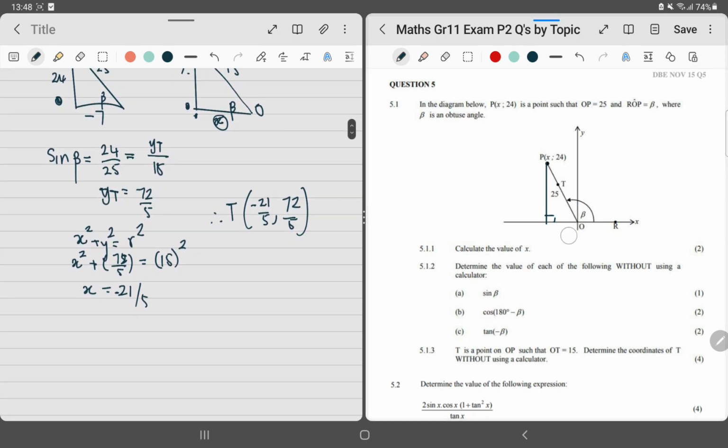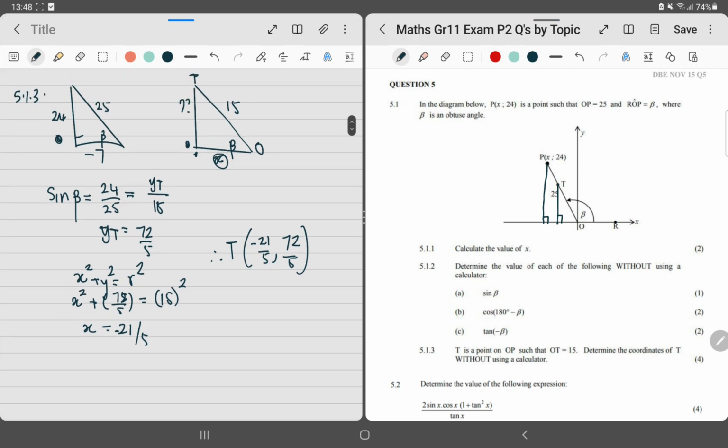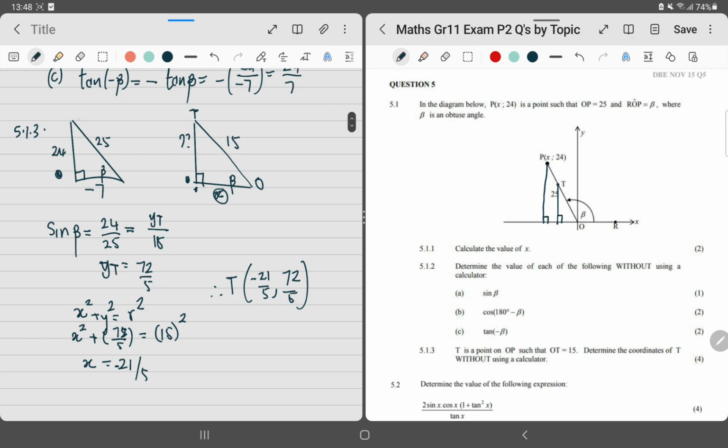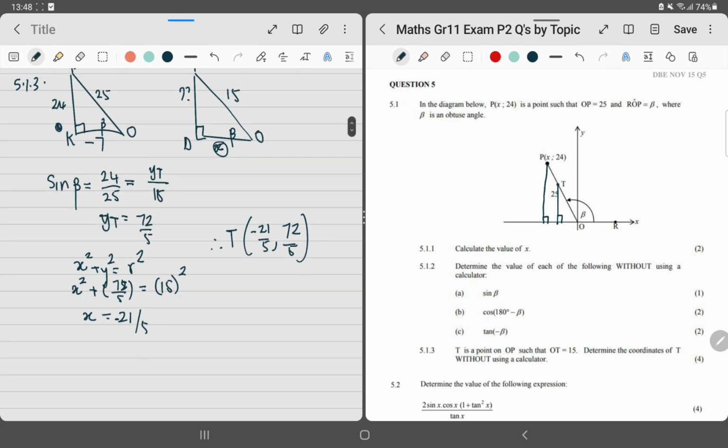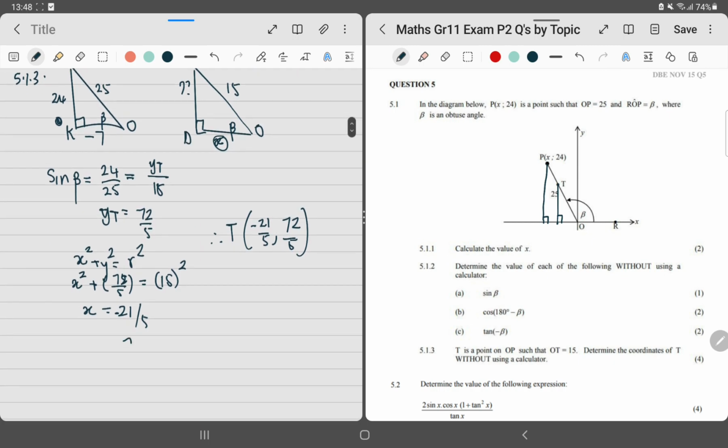Let's try a different method. So we have these two triangles. Okay, that is a 90, that is a 90. So this will be triangle PO, and then we'll designate that as K. And then we'll give this point right here, let's just say it's a D. So we have two triangles.